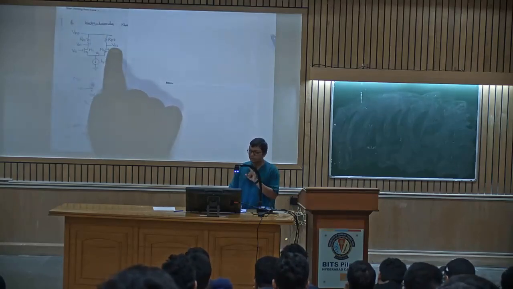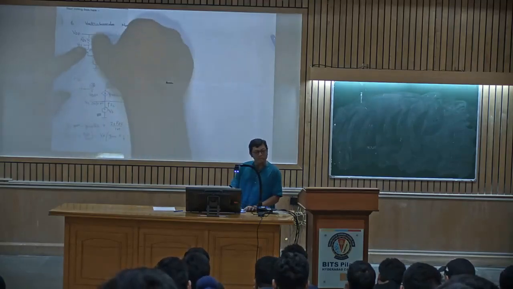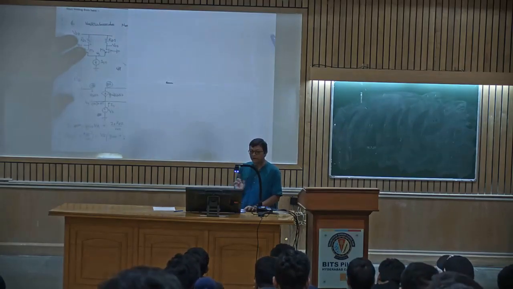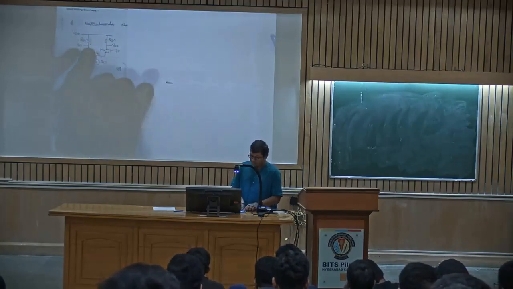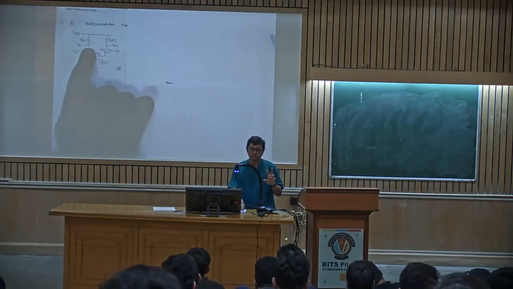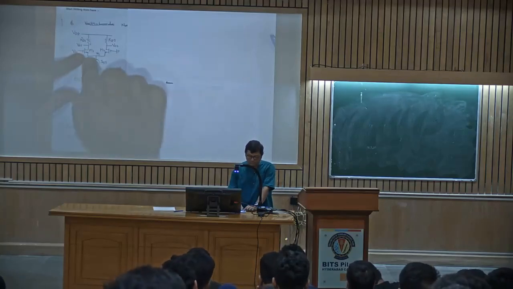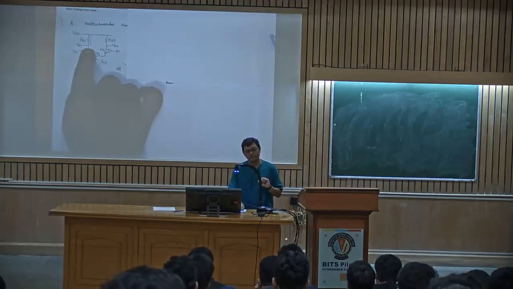Okay, clear? Then the other branch, when M1 is totally on, what is the current flowing through? The maximum current which will be flowing over here is ISS, not ISS by 2. Why the by 2 is coming, we will see in a minute. I'll tell you. So ISS. So essentially, in the differential mode, from the previous lecture, not today's, what is the minimum value of VO1 you will be getting?